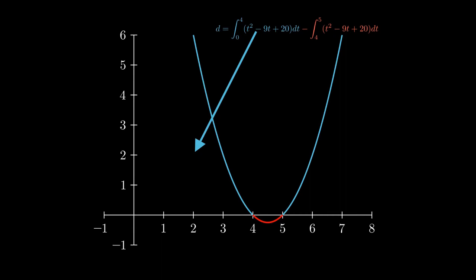And then the section from 4 to 5 will give us a negative area because it's under the x-axis, negative distance. But we want to know the total distance traveled, and so we want that negative part to add to our total distance. So we have to subtract that. So we'll be subtracting a negative area, which will be adding on to the total distance.